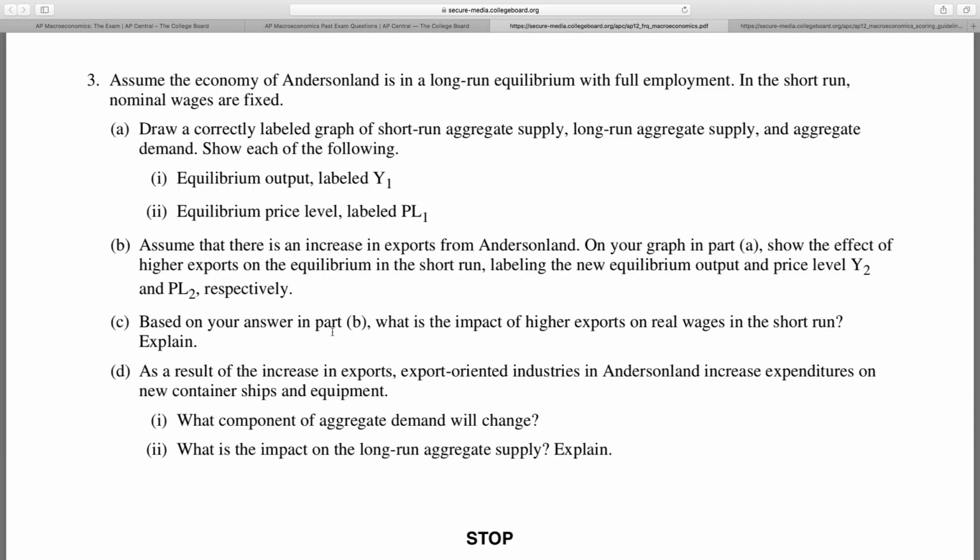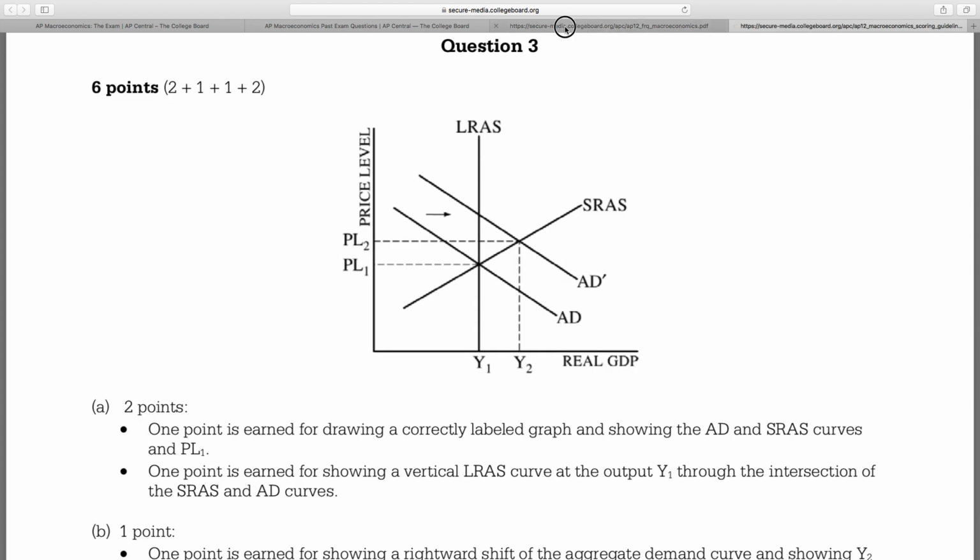Based on your answer in part B, what is the impact of higher exports on real wages in the short run? Explain. All right, so this happened. They've told you nominal wages are fixed in the short run. You get an increase in aggregate demand. If nominal wages are fixed in the short run, well, that means at PL1 you were making, say, $10 an hour, and at PL2 you're making $10 an hour, right?